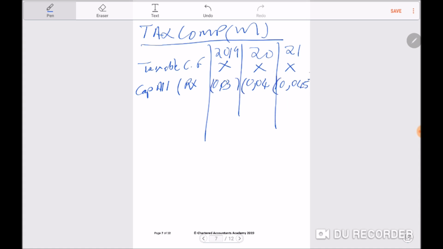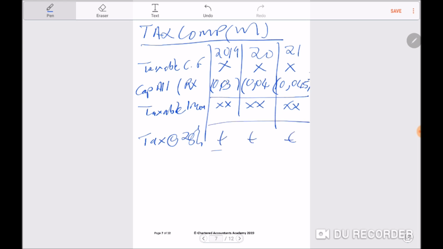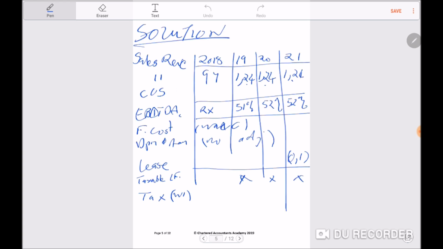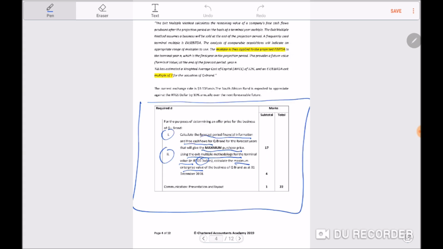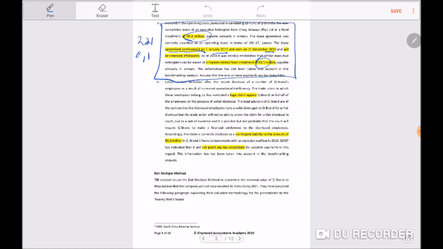So we must subtract what we get here, and then we get our taxable income, then we multiply, then tax at 28%. Then we get our TTT here. And this figure, since this is working one, we're going to take our tax computation to here, TTT. Then we're going to subtract it. Then we can now do all the adjustments that don't have tax implications.